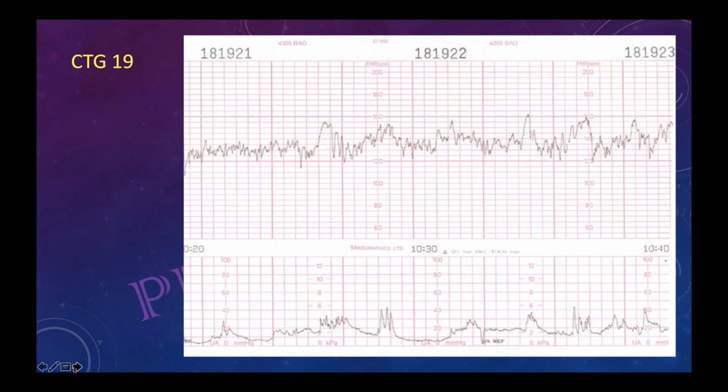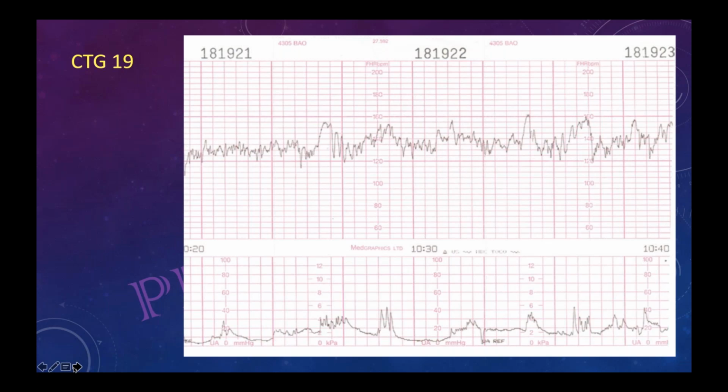In the CTG, this is the intrapartum CTG also, and there are contractions about 3 in 10 minutes, and the baseline heart rate is 130 beats per minute, and variability is about 20 beats per minute, and there are accelerations also present and no deceleration, and it's a normal CTG.